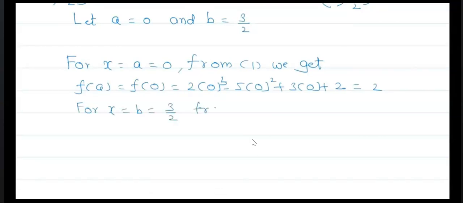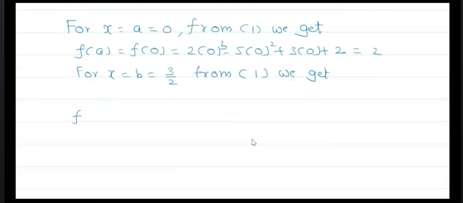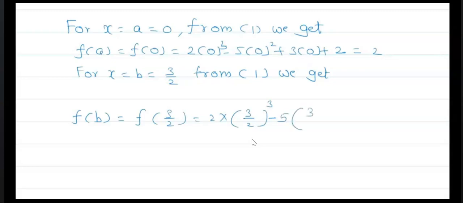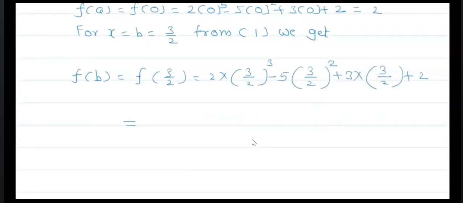For x equal to b, that is 3 by 2, from 1 we get f of b equals 2 into (3 by 2) cubed minus 5 into (3 by 2) squared plus 3 into 3 by 2 plus 2.